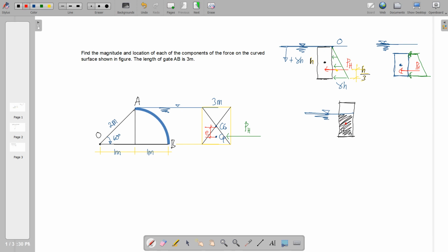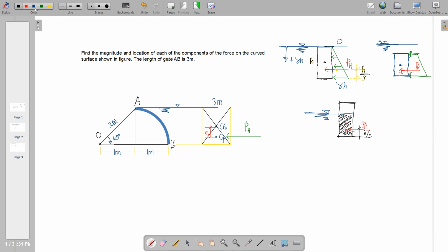We have the center of gravity, the center of pressure, and the horizontal force, pH, wherein this is also H all over 3. So it can be applied to a gate that is partially submerged but would no longer be applicable to a gate that has space between the top fiber and the liquid surface. So this is the simple explanation to that.